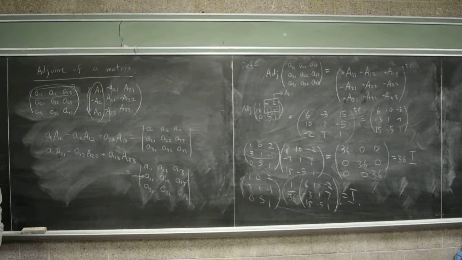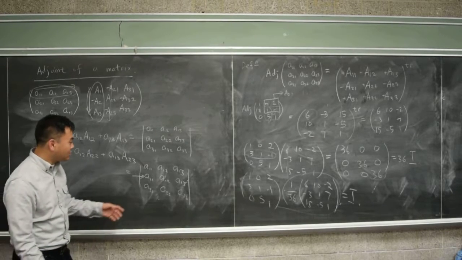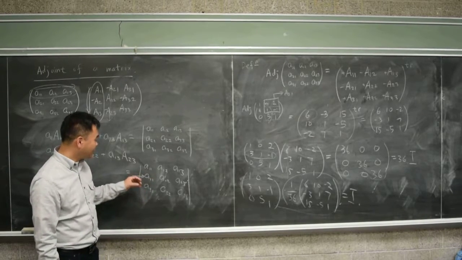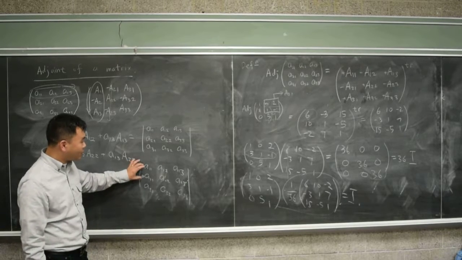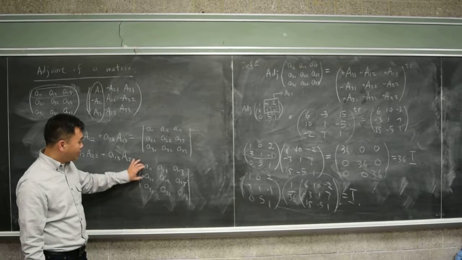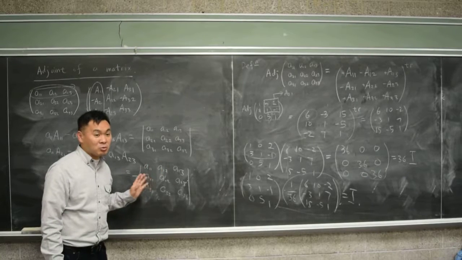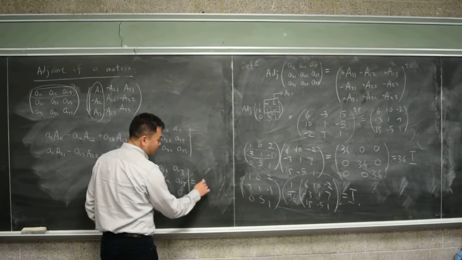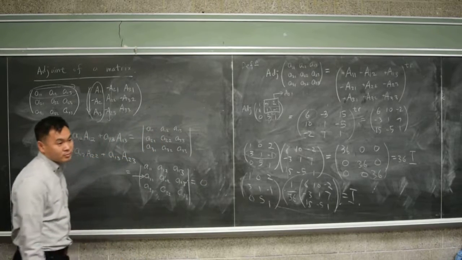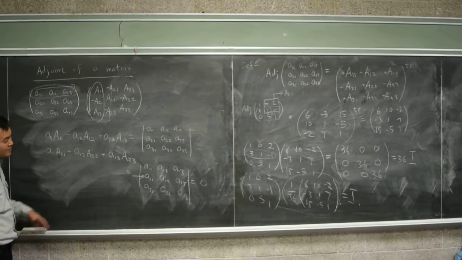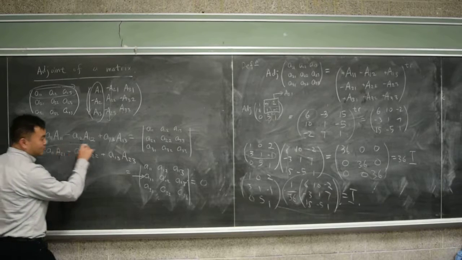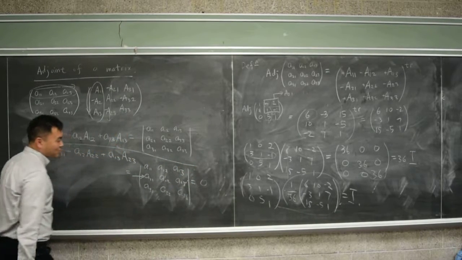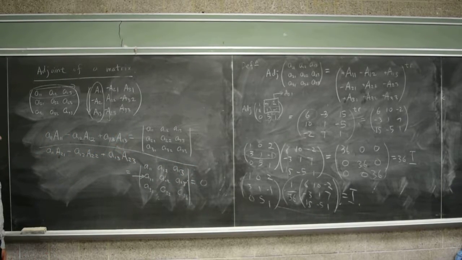Okay? And this is something that I haven't explained before, but it will turn out that whenever you have the same two rows or same two columns in a matrix, the determinant of that will always turn out to be 0. I should have explained this part before, but yeah.